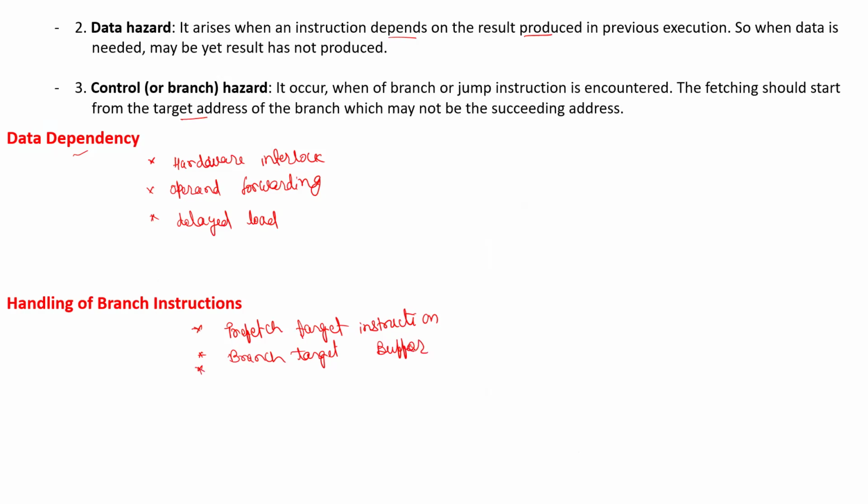Next, we have the loop buffer. These are the different techniques used by different computer systems. Apart from these we have branch prediction, which also can be used, and again we have delayed branch.